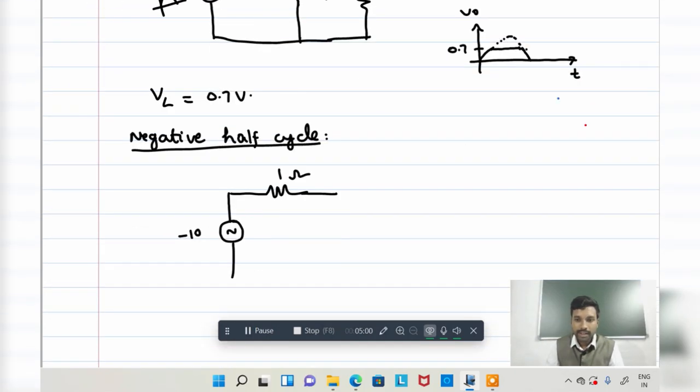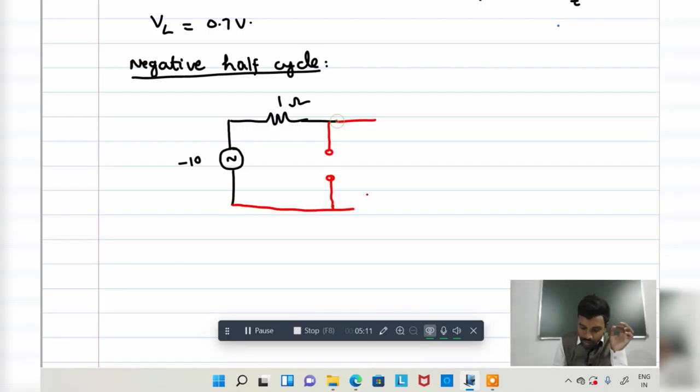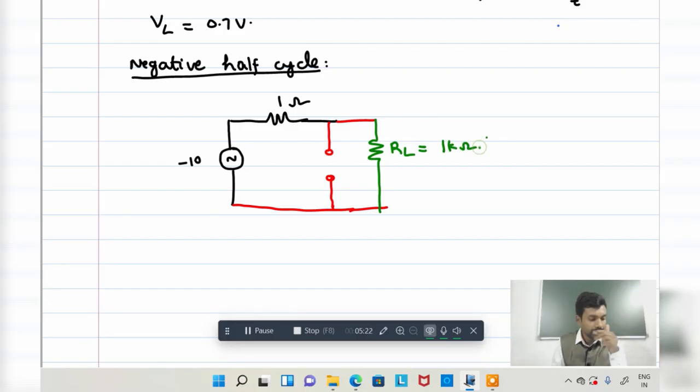In that case, the diode is reverse biased. Whenever the diode is reverse biased, it acts as an open switch. Ideally, there is no current, so we have the load resistance RL equal to 1 kilo ohm.